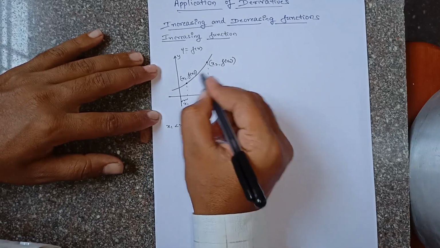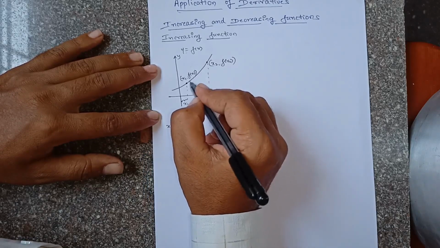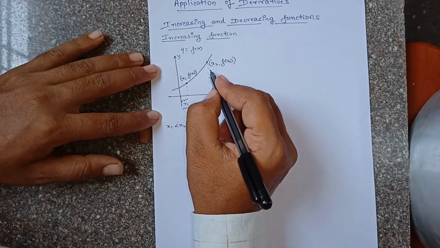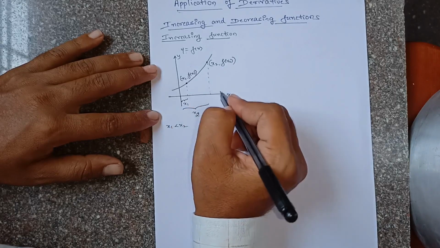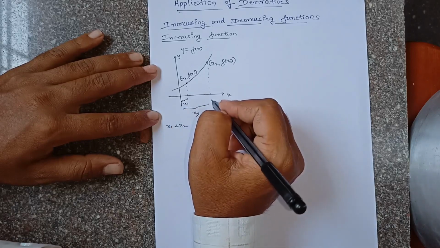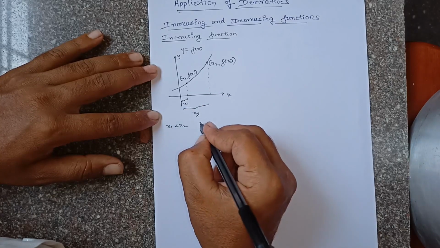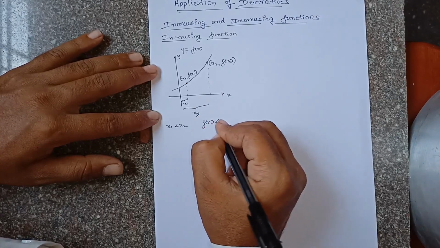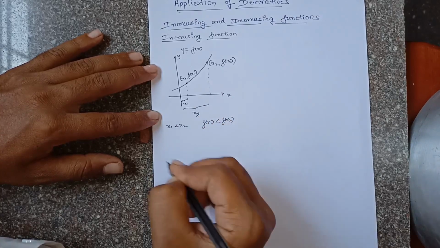And what about the f of x1 and f of x2? F of x1 and f of x2 are y coordinates on the curve. Y coordinate of a point is nothing but perpendicular distance from x axis. Okay, here you are observing that f of x1 is less than f of x2.